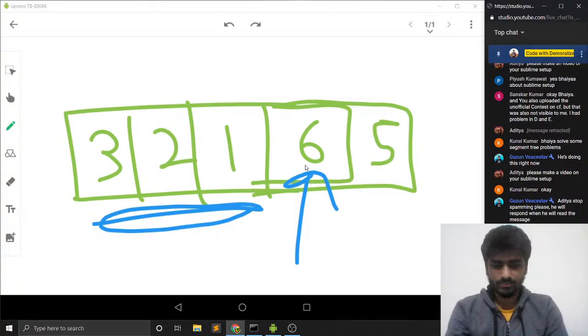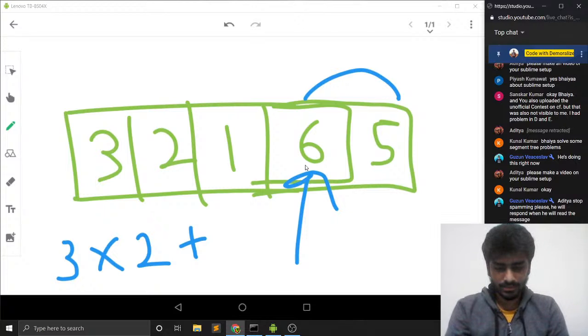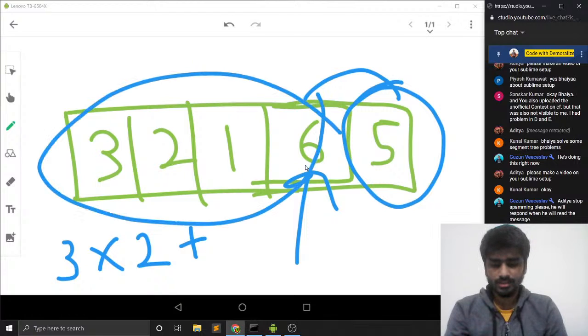So we have 3 into 2, I think. Okay, 3 into 2 plus, how much is there from this side? This one element with these 4. So 6 plus 4, I get 10.